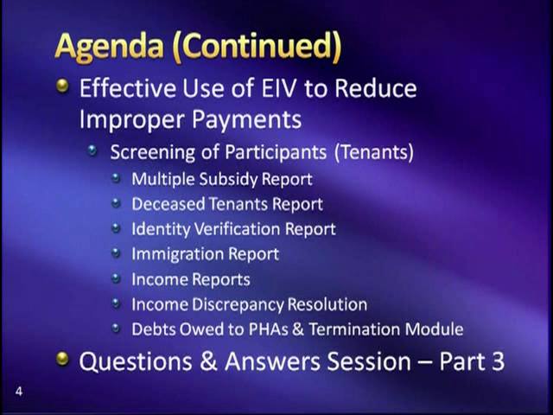So if you'll notice on this PowerPoint presentation, this particular section of the agenda, we will be going through your multiple subsidy report, as well as the deceased tenants report, the identity verification report, the immigration report, how to use those income reports within EIV, as well as income discrepancy resolution. We will have a case study, so if you have your calculators, get ready for that. And then last but not least, your favorite, the new debts owed to PHAs and termination module.